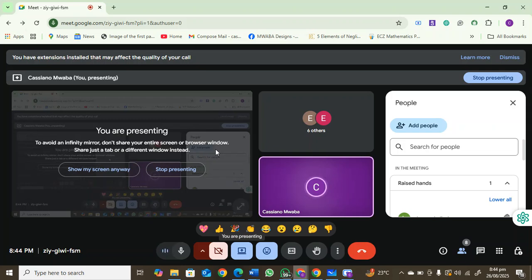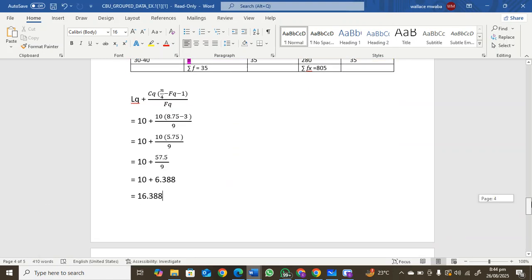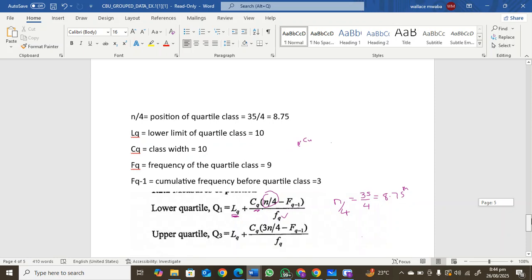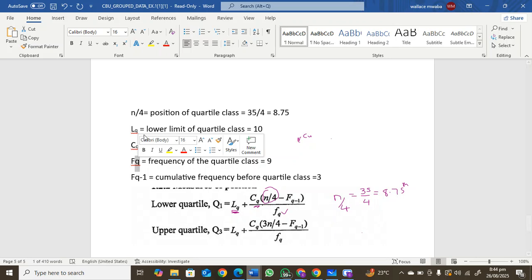The way you calculate the mean and mode for grouped data is different from ungrouped data. Everything we're calculating here is different from how we calculated ungrouped data. Let me run you through it.